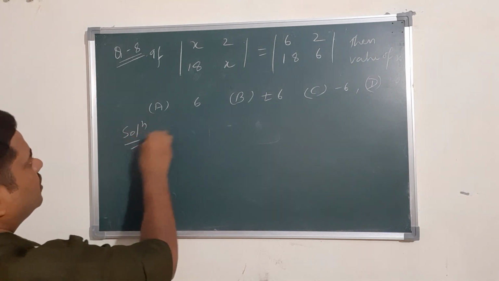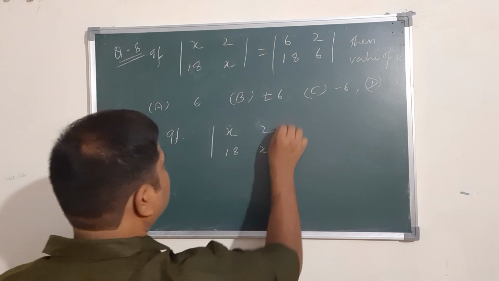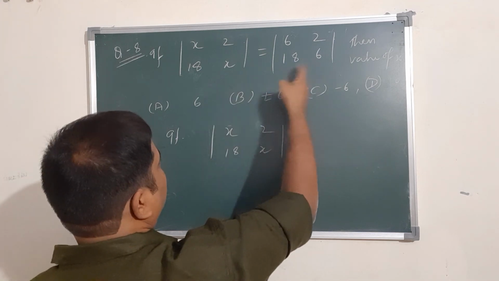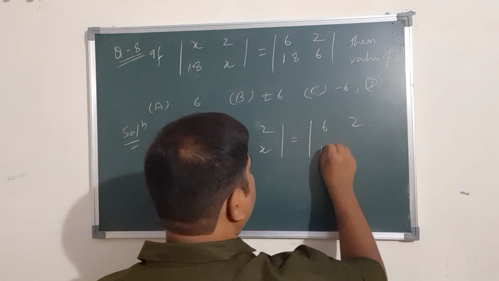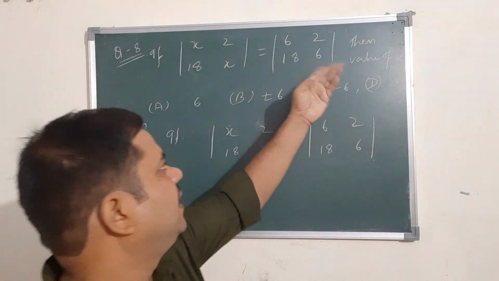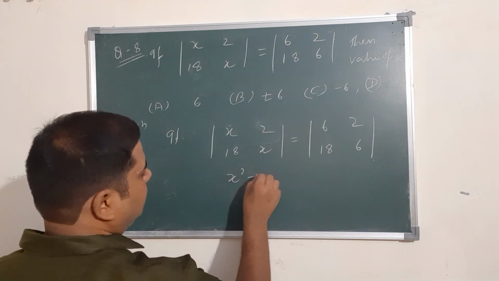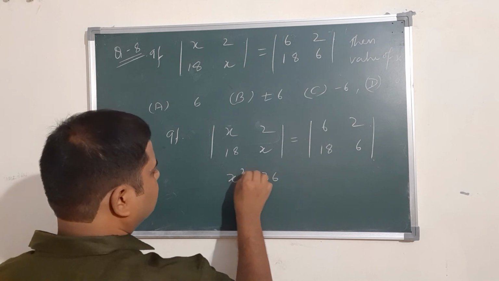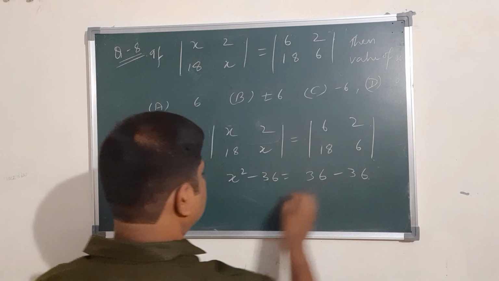Solution. If x 2, 18 x, if you directly say x is equal to 6, this is wrong. 6 2, 18 6, because both the determinants are same. So simply you cannot say x is equal to 6. But this is x square minus 36 is equal to 36 minus 36.